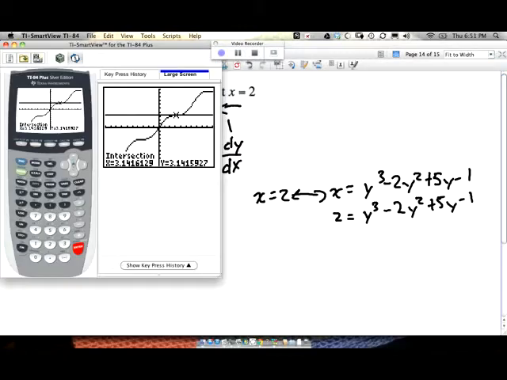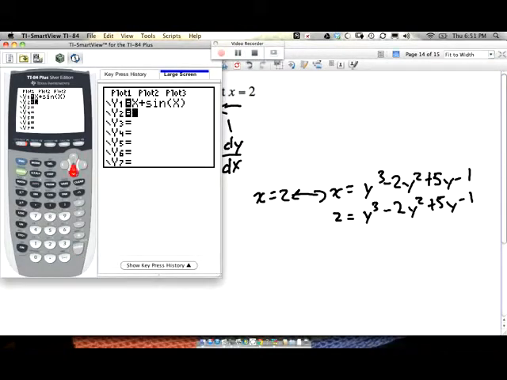My constant function I'm trying to equal is 2. Let's see what I'm trying to do with the other function here. It's y cubed, so we just use the variable x in this case, because that's what we have. x cubed minus 2x squared plus 5x minus 1. Now don't get confused just because it says x's. We can't use y's. We're just trying to solve an equation.